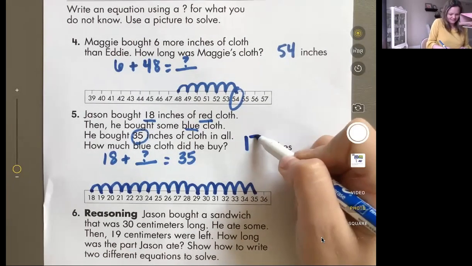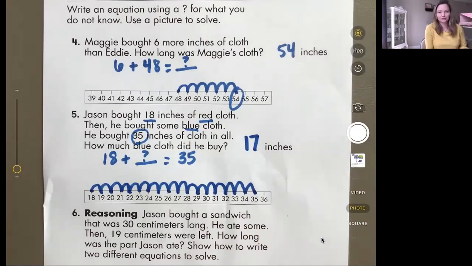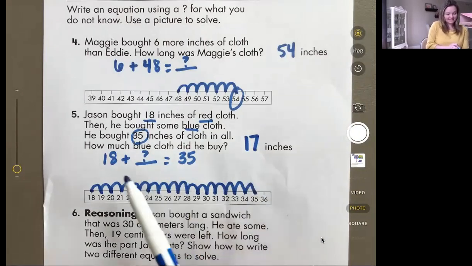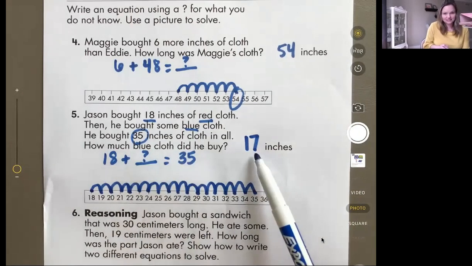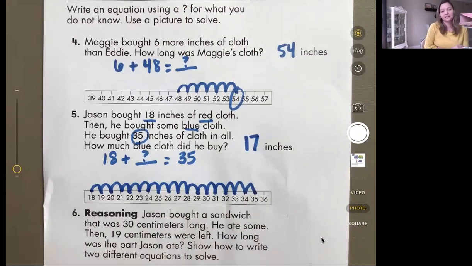So there are 17 inches that are blue, because we know 18 inches of red plus 17 inches of blue would give you 35. Okay, last one.